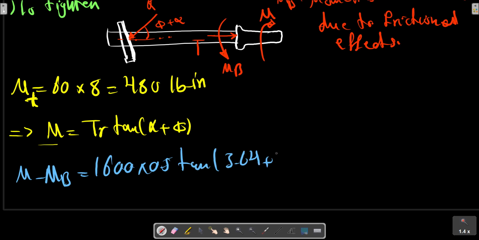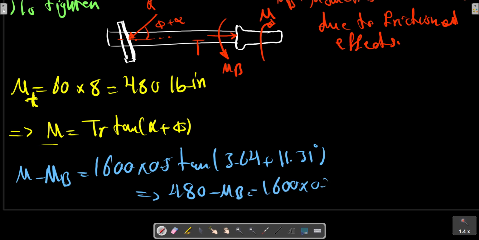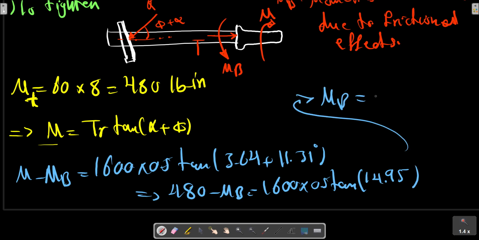Tangent. MB equals the frictional moment against tightening, and to loosen against, consider these free body diagrams for the screw.